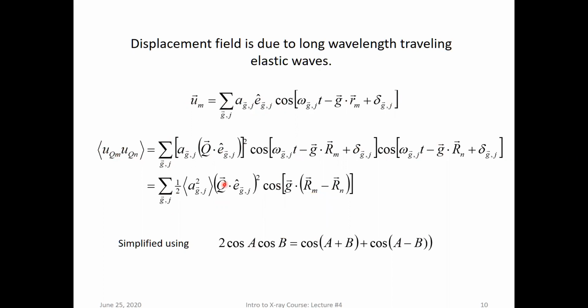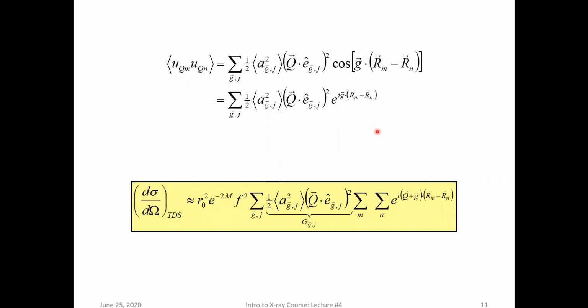It looks like Q squared, and there's a new cosine dependence depending on the distance between my two atoms, and my amplitudes are still running around. It's convenient then to re-exponentiate that and just note that the cosine is just the real part of this thing. So for my algebra, it's going to be easier to go back into the exponential.